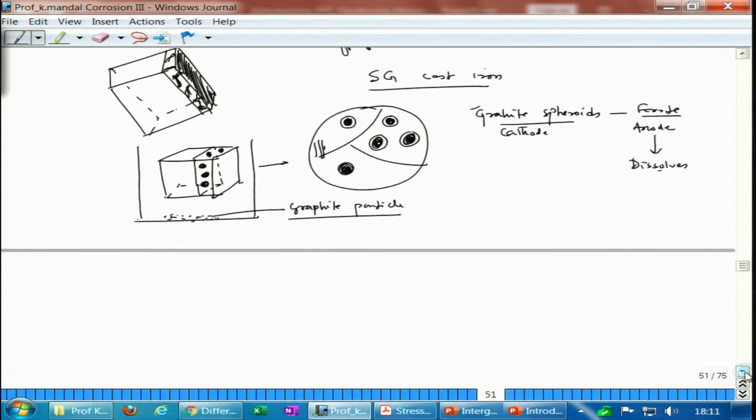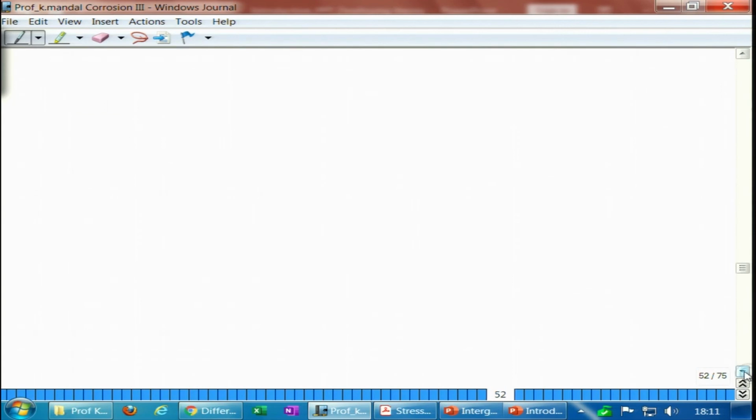Now, coming to some of the protections we can have in the case of the zinc brass system, protection from dezincification.